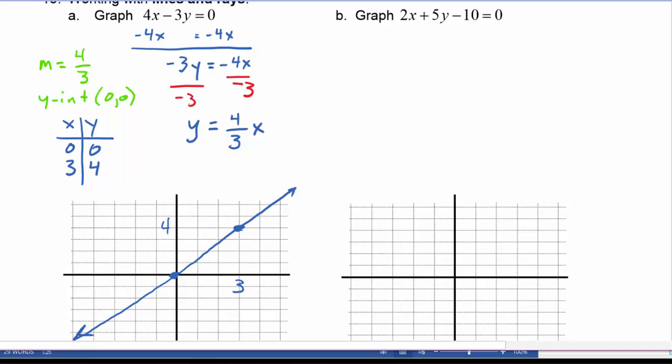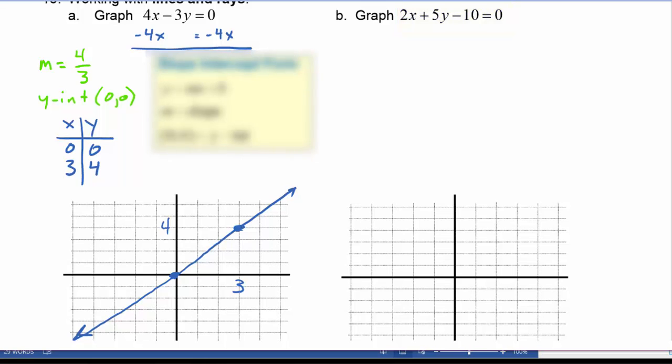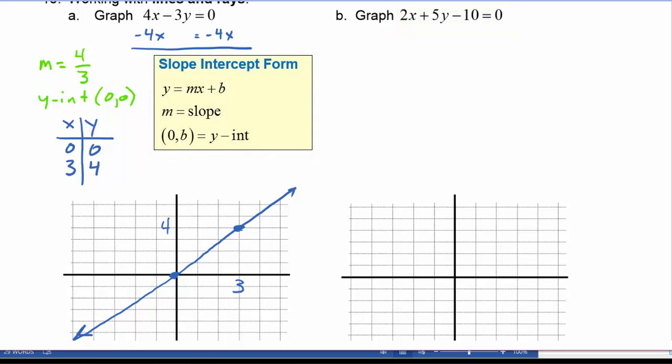In example B, we have 2x plus 5y minus 10 is equal to 0. So again, we're going to get this line into slope-intercept form, which means solving for y. So we can first subtract 2x from both sides, and at the same time, let's go ahead and add 10 to both sides.